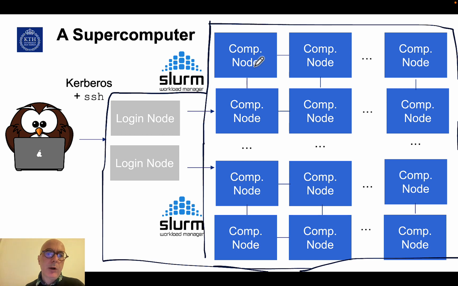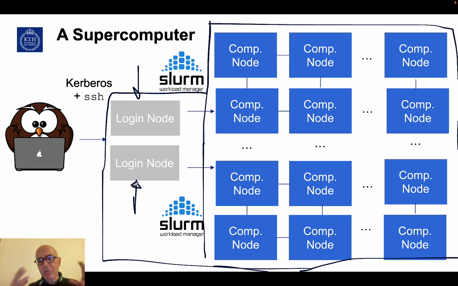A supercomputer always has the so-called login nodes. It might be one or multiple login nodes. So whenever we do SSH, then the name of the supercomputer, for instance pdc.nada.kth.se, we will be prompted in one of these gray login nodes.